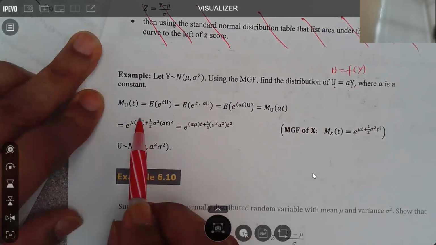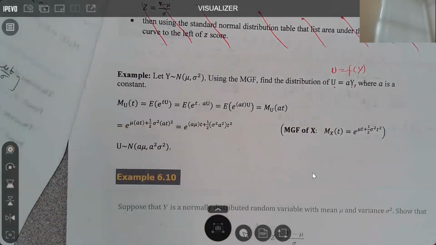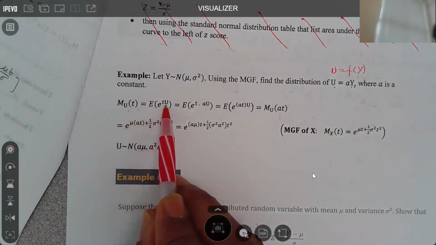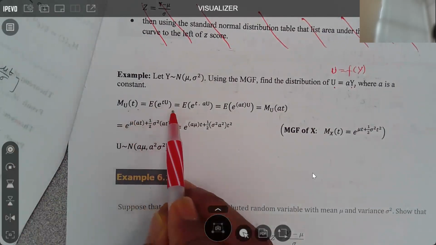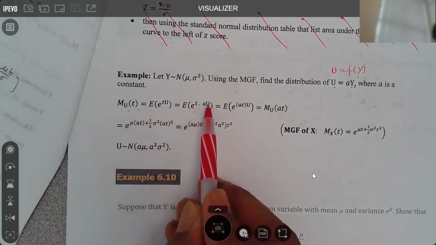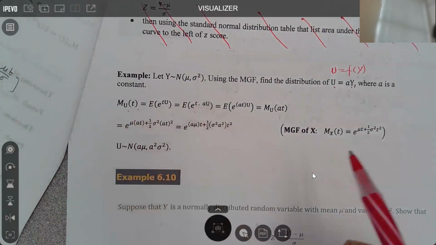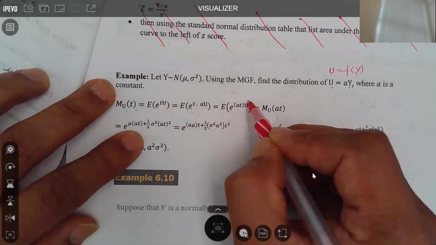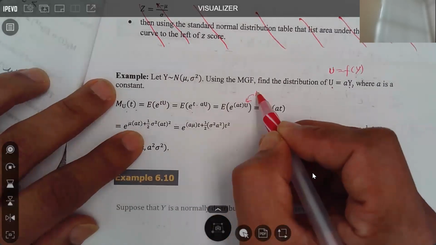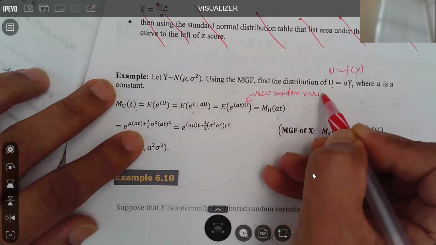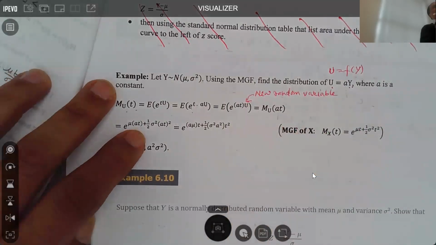Now let me do it here. M_U(t) equals the expected value of e^(tU), which we can also write as e^(t a Y)... U is a new random variable, and that's what we want to find the moment generating function for.